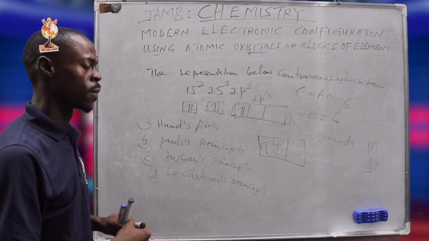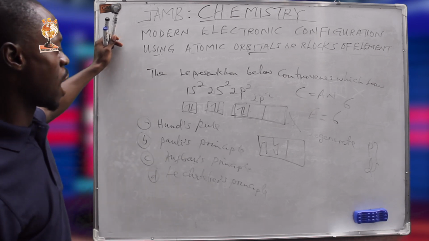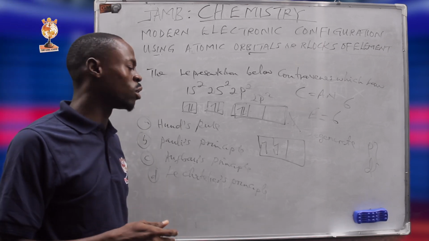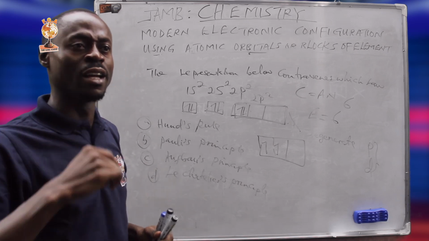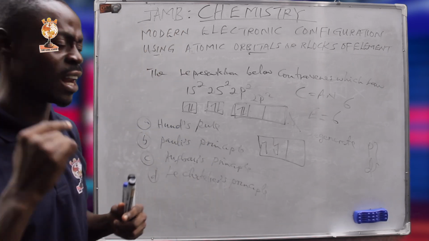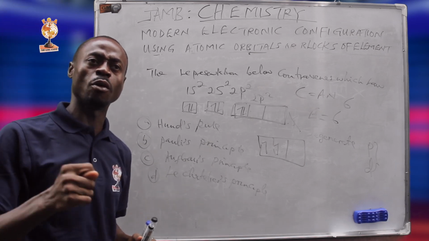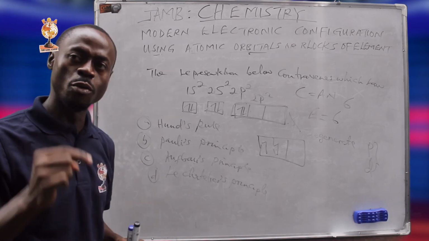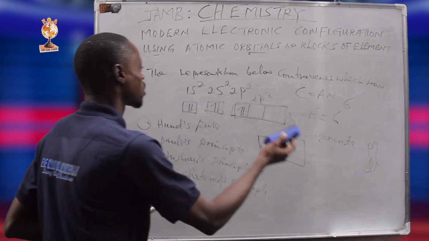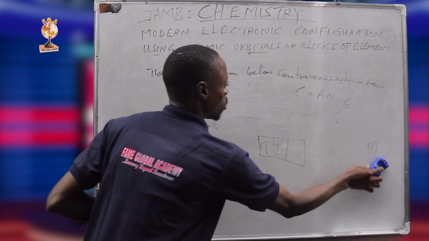One other question JAMB always asks is, having known how to write electronic configuration and how to show the representation, they will still proceed to ask you how many unpaired electrons the atom of the element called aluminium has. We'll use aluminium as a case study to answer this question.